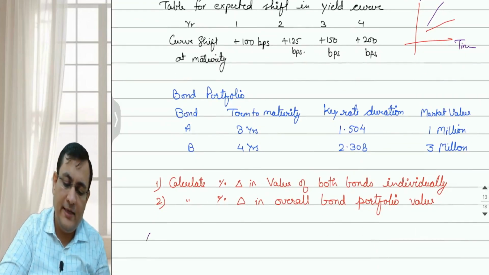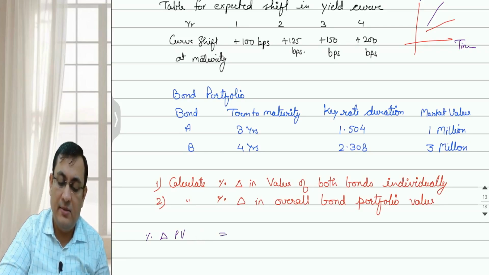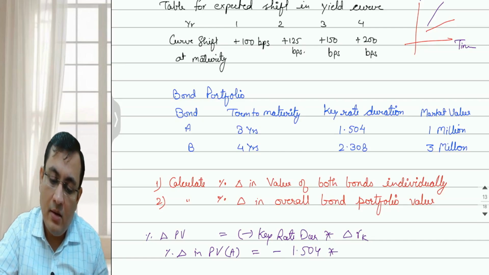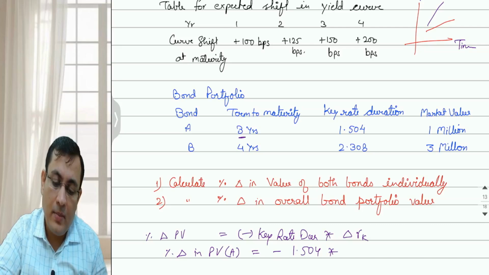So the percentage change in PV of bond A is equal to minus key rate duration multiplied by change in key rate. So the percentage change in PV of A is equal to negative 1.504 multiplied by the change, and this is having a tenure of 3 years.